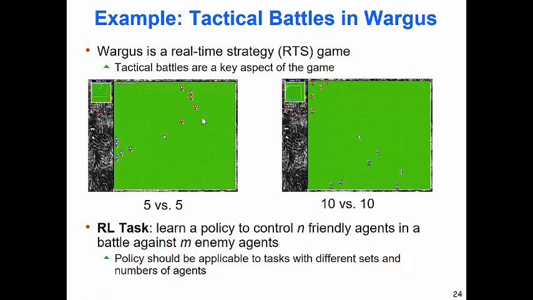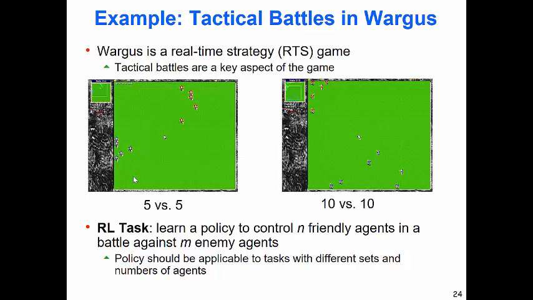You could think of it as multi-agent control. We'd like to get a policy that can control any number of our units to attack any number of their units. That seems not so straightforward, because you have to be able to generalize across these numbers somehow.